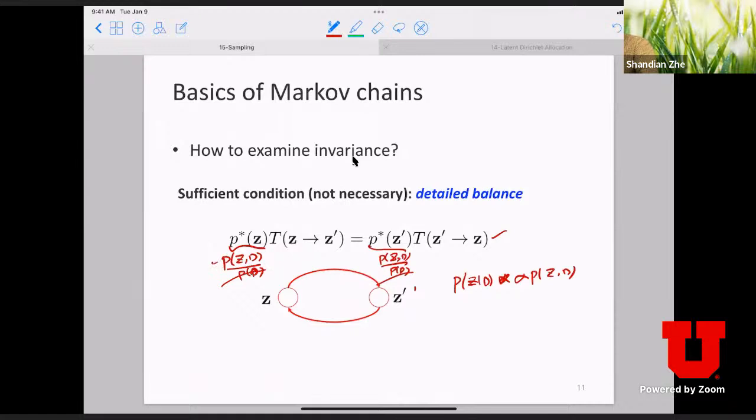You just need to verify whether the joint distribution of your sample Z along with the data, multiplied by the transition kernel to generate Z prime, is the same as the joint distribution of Z prime multiplied by the transition kernel from Z prime to Z. This is equivalent to concluding the transition kernel is invariant to the true posterior, because they essentially just multiply the same factor on both sides.